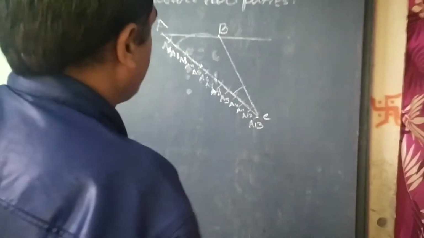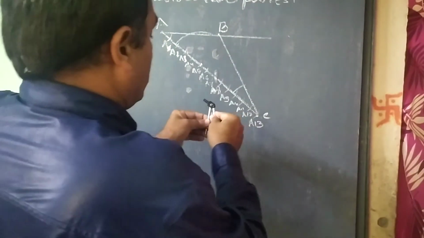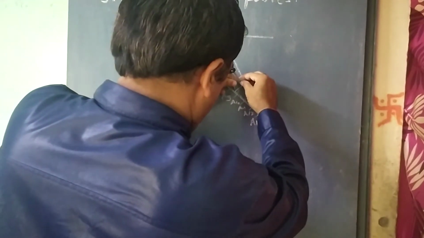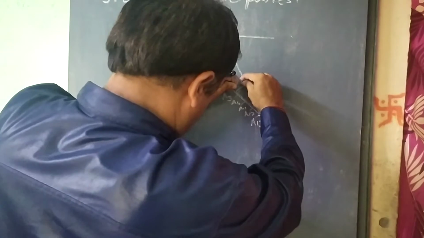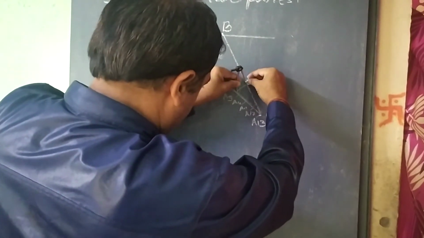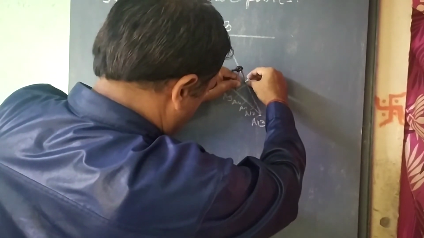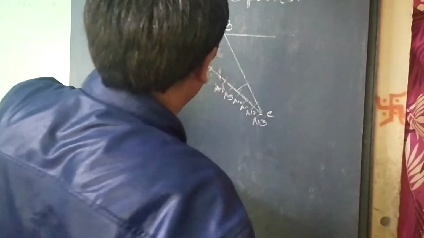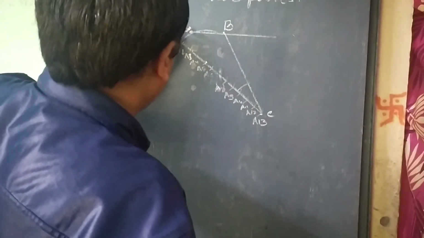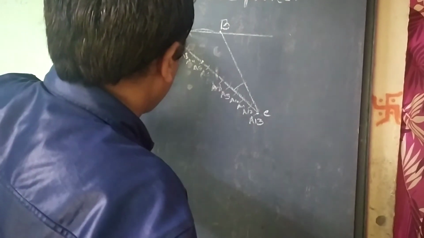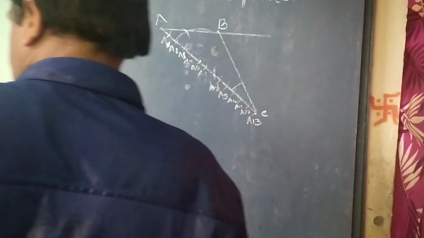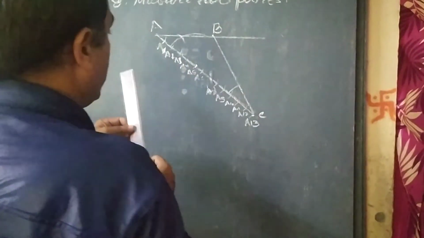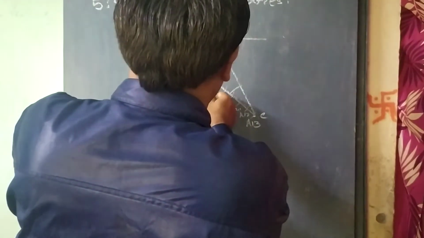Same arc. Now, with the help of the compass, we will measure the angle, that is from here to here, and cut from here. Now we will join A5 to this portion.